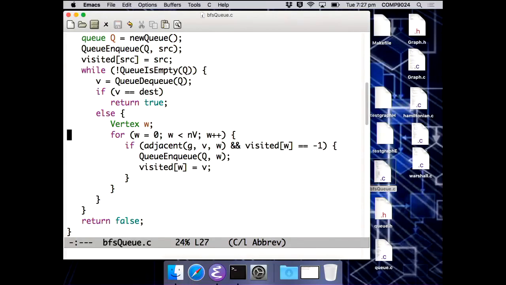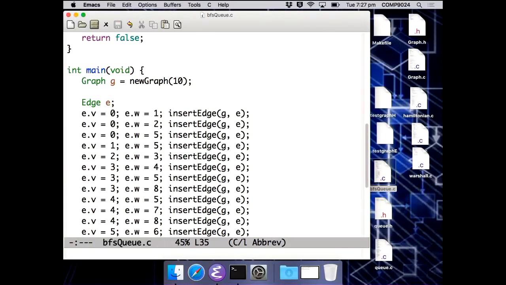If you have found the destination, you return true. And other than that, you put every new node on the queue that hasn't been visited before, and you record where it came from. So that's the standard implementation that is available that you can run.